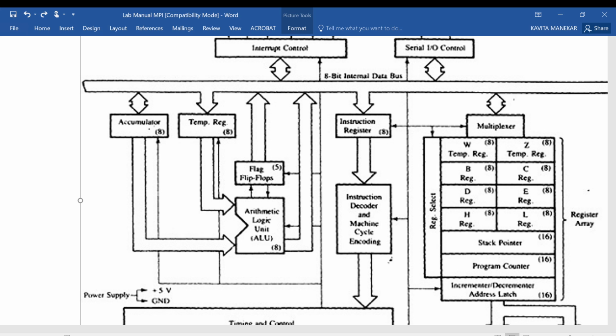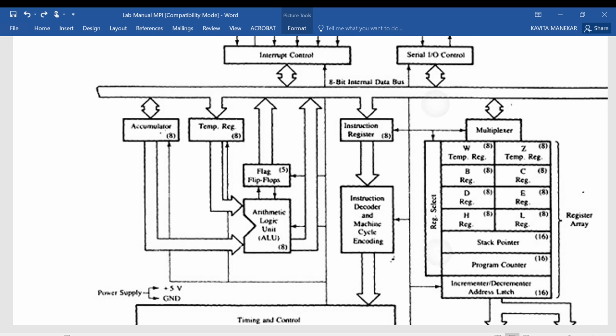The instruction, for example move, that is a data transfer instruction, or add, with the opcode or machine code of the instruction that has to be performed, will first be stored at the instruction register, and then moved toward the ALU via the instruction decoder. The instruction decoder will decode that instruction, meaning what actual operation has to be carried out. So these are the different blocks of the 8085.